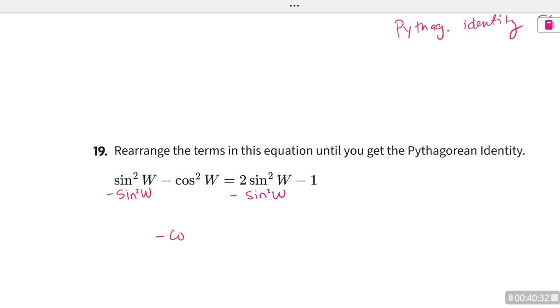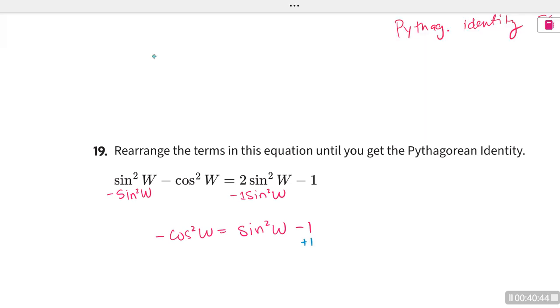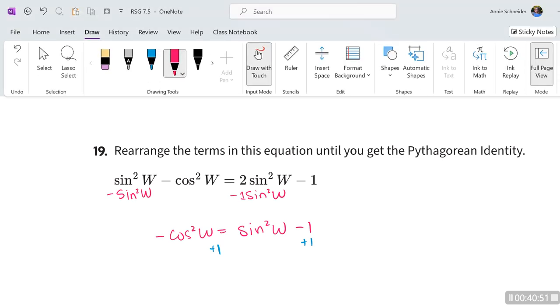So I get negative cosine squared w equals, well, 2 minus 1 gives us 1 sine squared w minus 1. So now I'm going to add the 1 to both sides, and I'll do this in a couple steps.